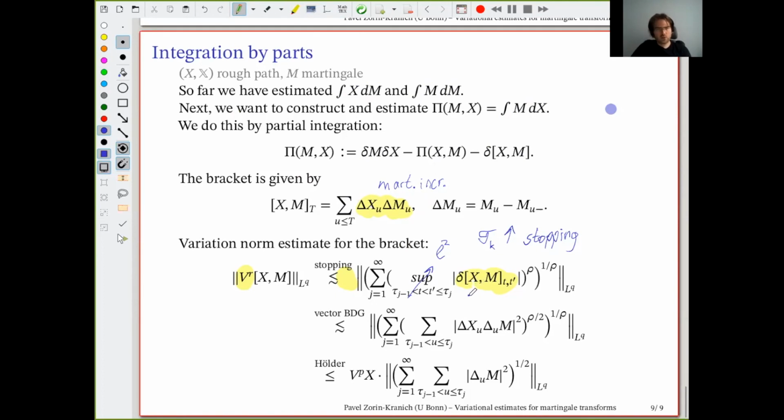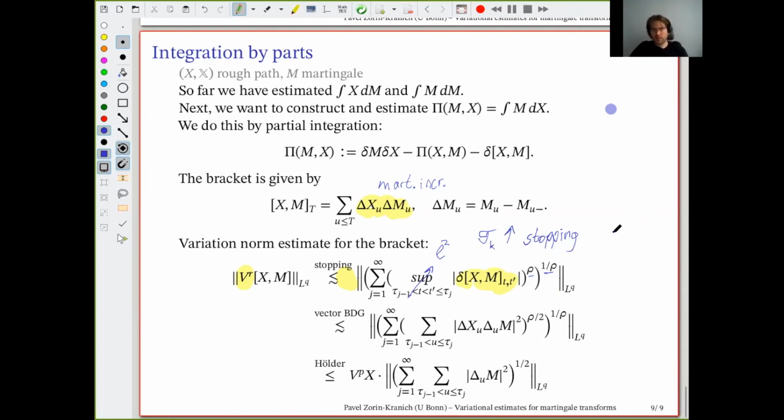And the only problem is that you have this extra little ℓ^ρ norm inside. But the vector valued Burkholder-Davis-Gundy inequality is exactly about this situation.